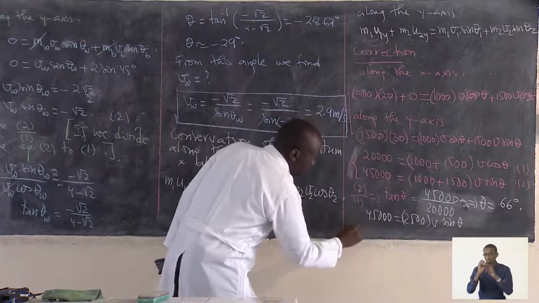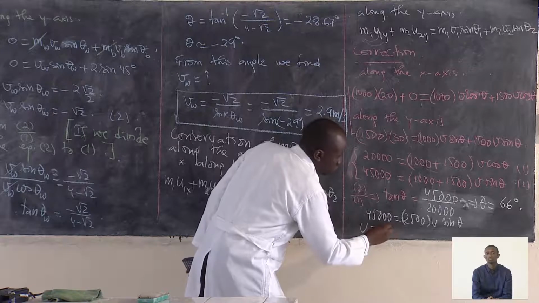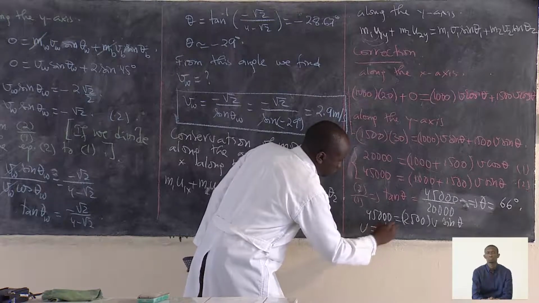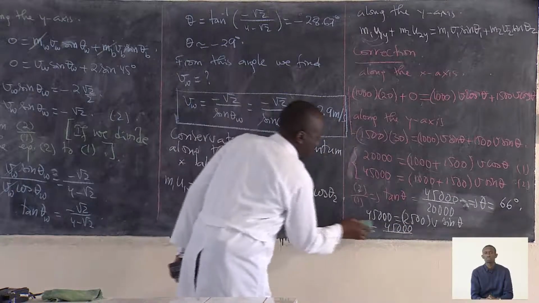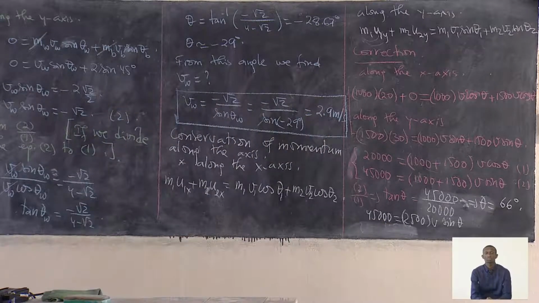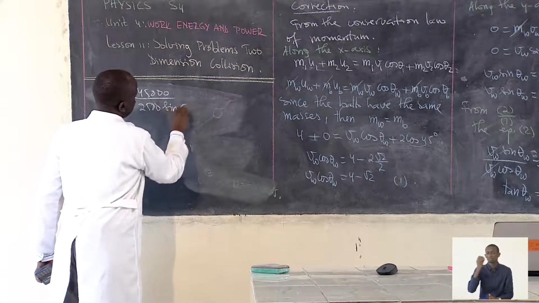And then we find v equals 45,000 over 2,500 sine 66.